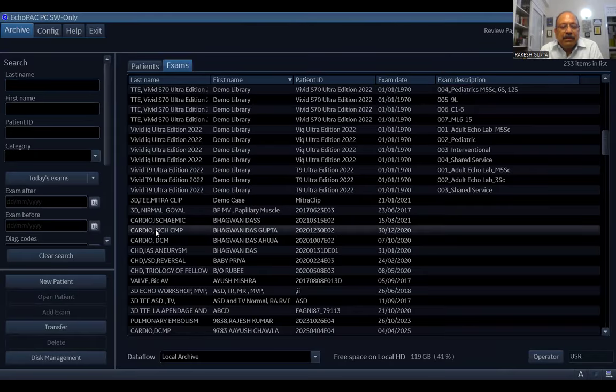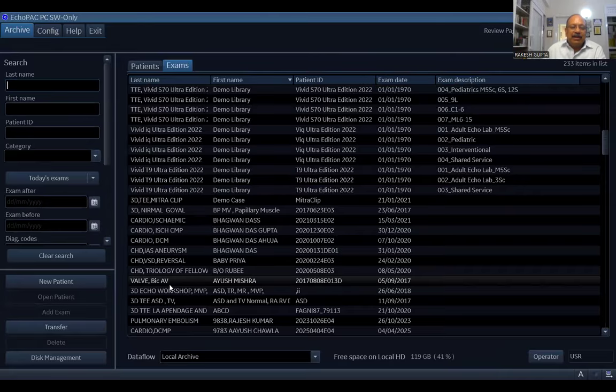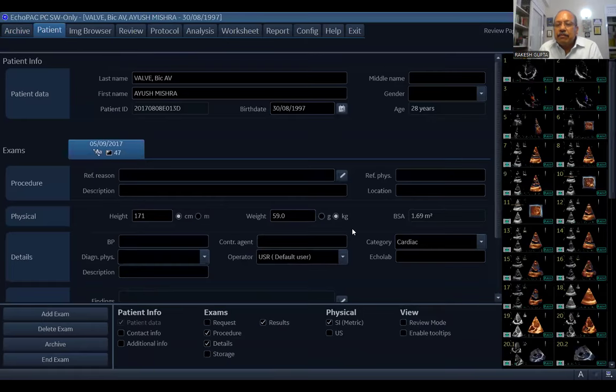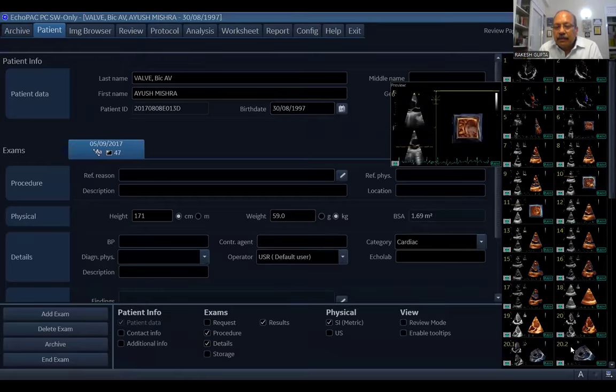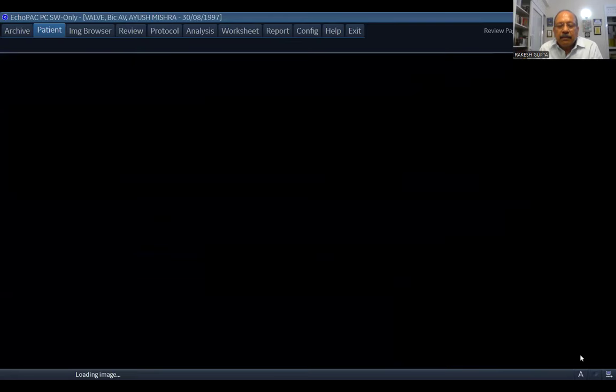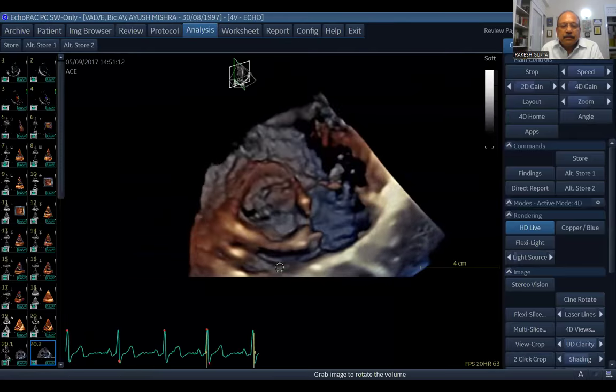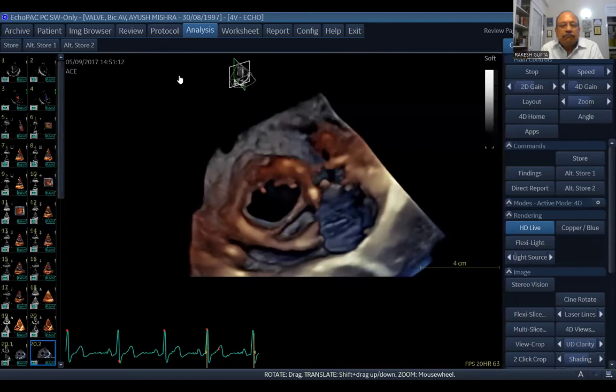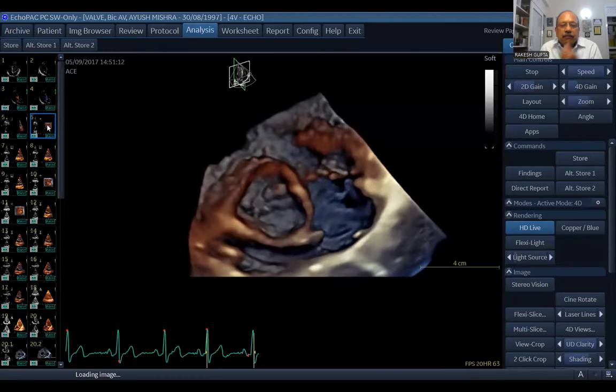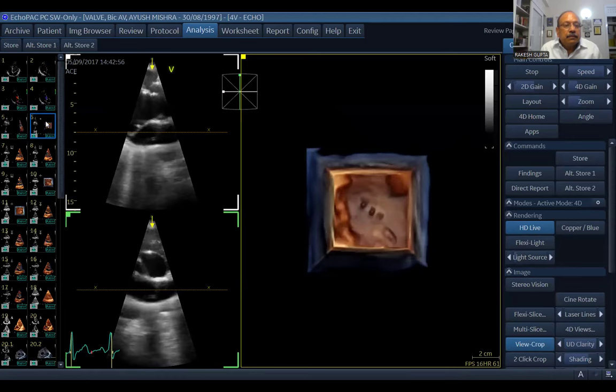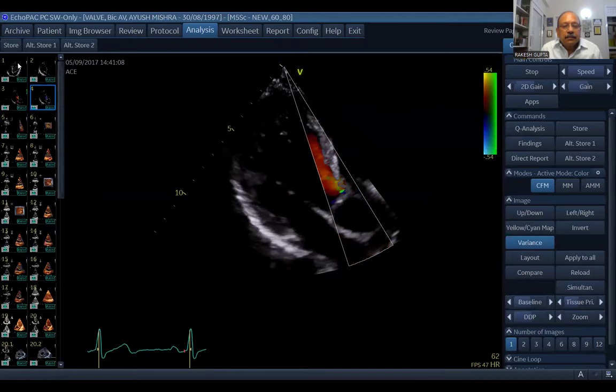Kindly bear with me because I'm trying to look at this. There are three dimensions.